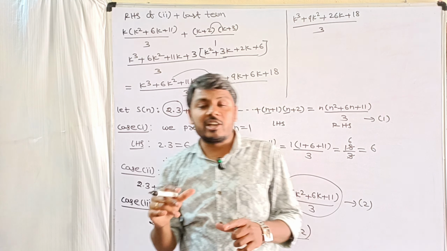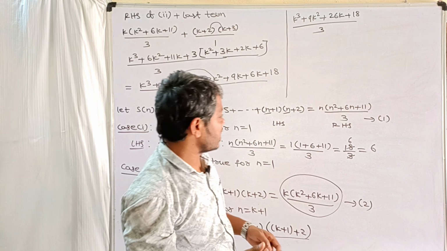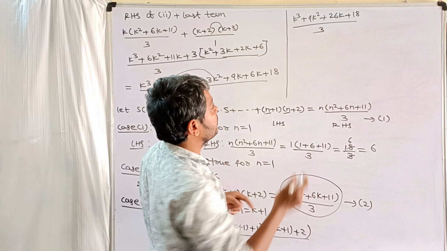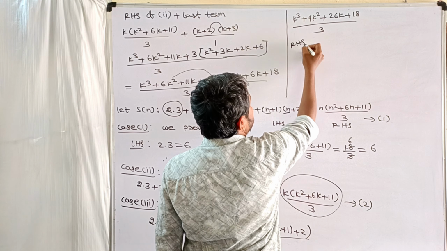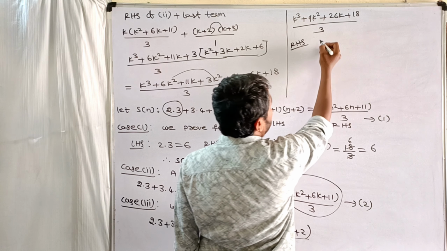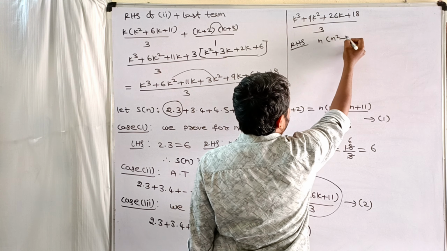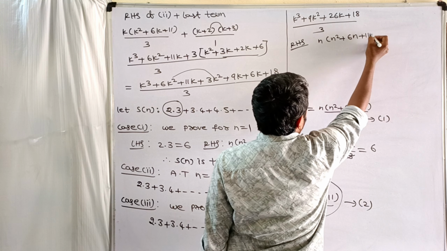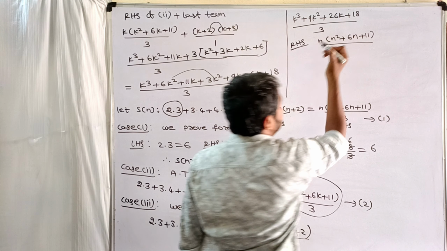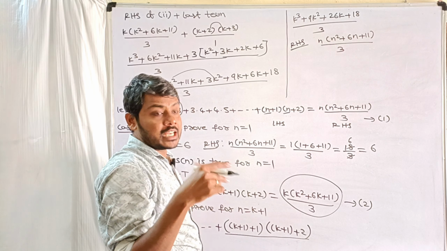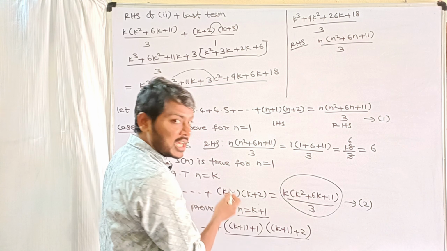So in that case, you can consider RHS. So what is RHS? This one only. So here RHS is n into n square plus 6n plus 11 divided by 3. So we can replace n by what? K plus 1.